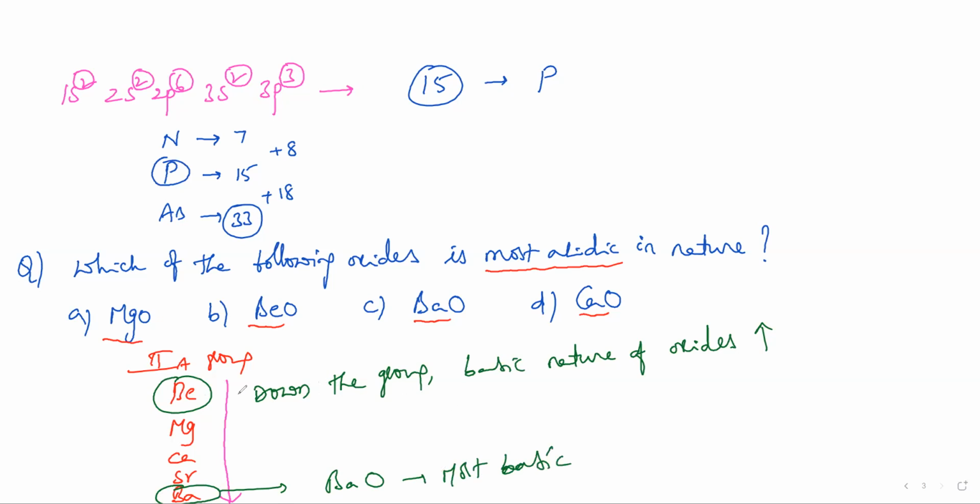Then the first element will be the most acidic. So among these options, which one is most acidic? Beryllium oxide. But if the question is about most basic in nature, then what will be your answer? Barium oxide. If it is most basic, it will be barium oxide. If the question is about most acidic, the first element, that is beryllium oxide.